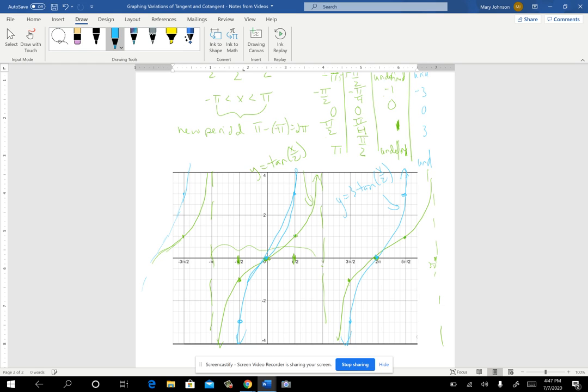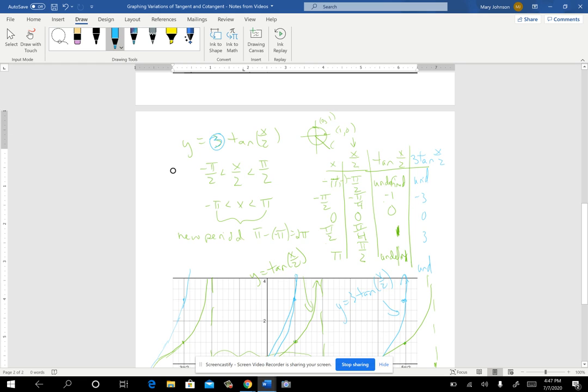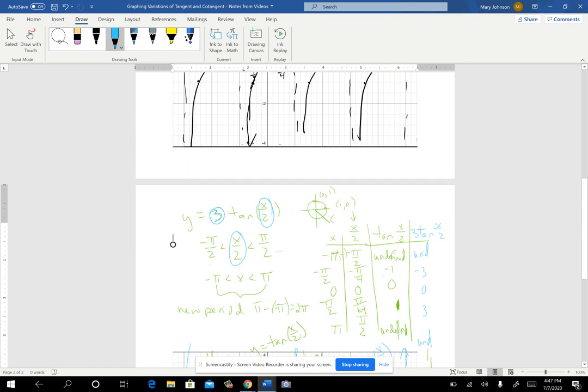Okay. All right. So you can still set up the inequality. It's just when you do set up your inequality, when you take that and you put it in between, what you want to use is from -pi/2 to pi/2 rather than from 0 to 2 pi. If you do that, you wind up getting a full cycle.